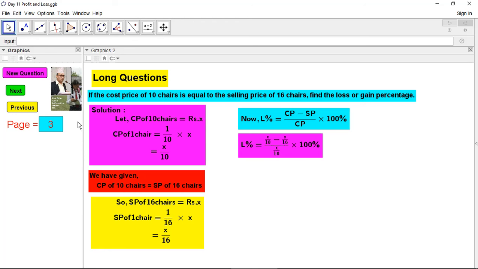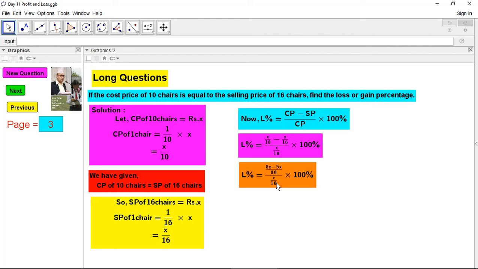Then, by simplifying, we have to take the LCM of 10 and 16, which is 80. 10 8s are 80, so it becomes 8x, minus 16 5s are 80, so it becomes 5x, by 80, by x by 10.